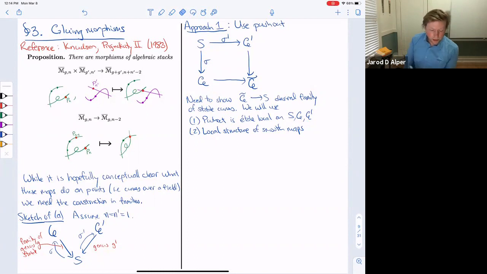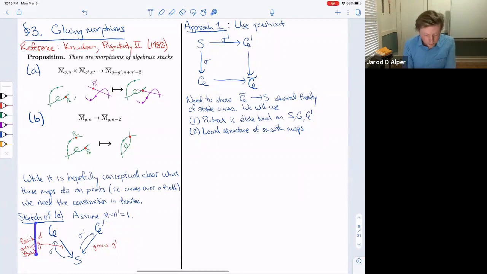And so I'm going to give a sketch first of this first map. Let's break it into two parts, A and B. And just to simplify the notation, let's assume n equals n prime equals 1.